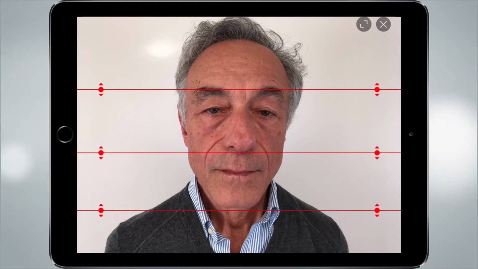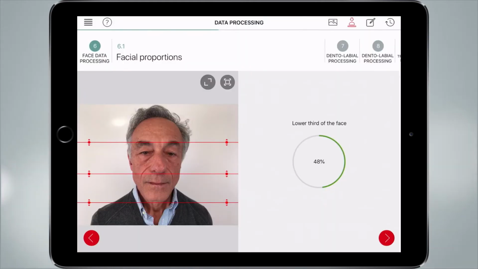So we see that it is like 48%, that is okay, but if you look, maybe the lower third will be decreased, maybe because he also lost vertical dimension. I move the lower line, you see, from 48 that was green, I'm talking about the circle on the right side, it becomes 44, 42, 42, it'll be red. So we'll be guided by the color itself.